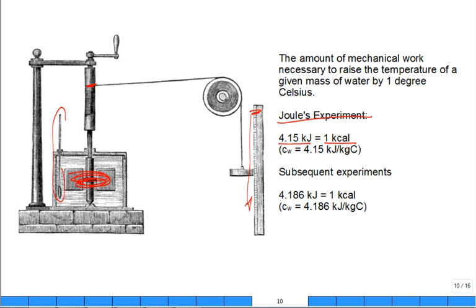Different units they were using, which today we would say the specific heat of water is 4.15 kilojoules per kilogram degrees C. Subsequent experiments, many times repeated, got a better answer, 4.186 kilojoules per kilocalorie, or you interpret it as the specific heat of water about 4.186 kilojoules per kilogram degrees C at room temperature.